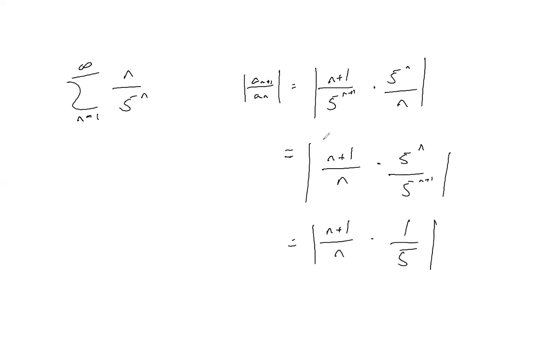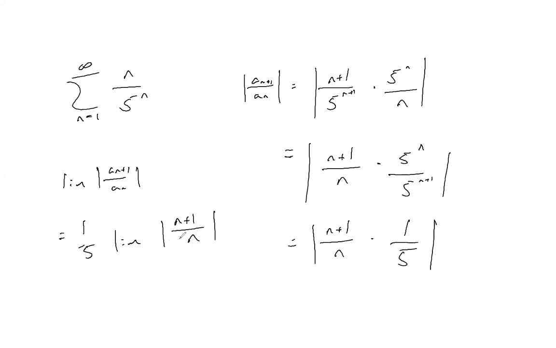All right, so this is my a_{n+1} over a_n, and I want to find the limit of a_{n+1} over a_n. What is the limit of this? Well, I can bring the 1/5 outside my limit. And then what do I have?